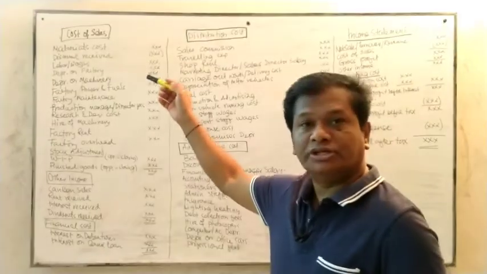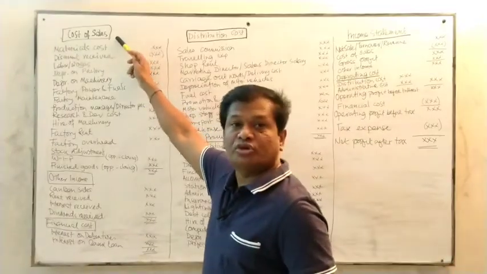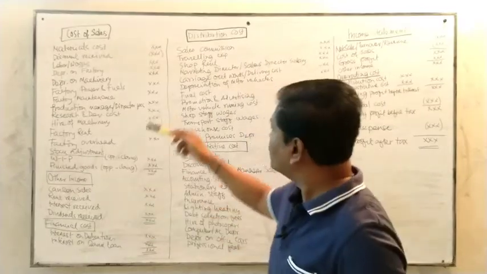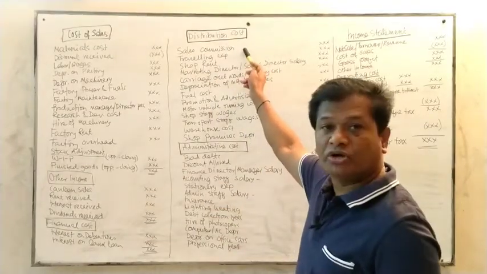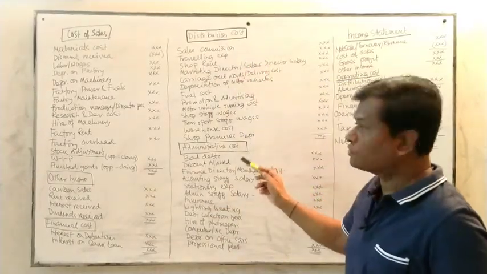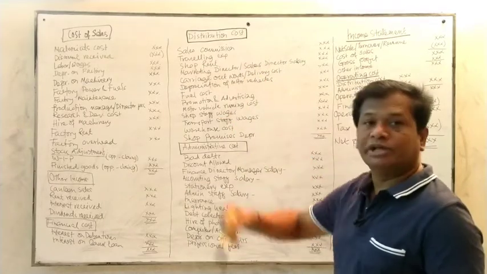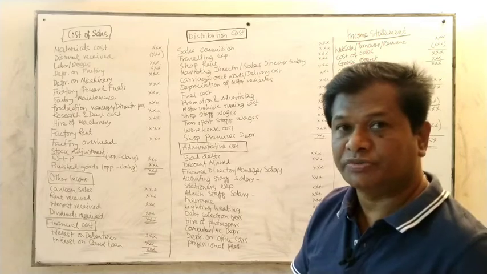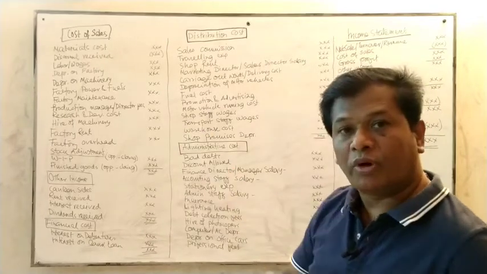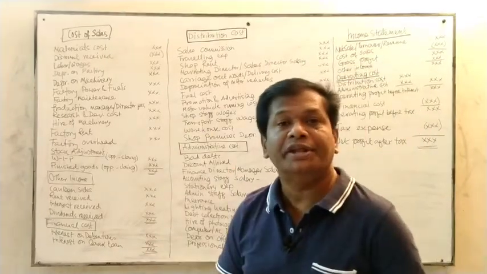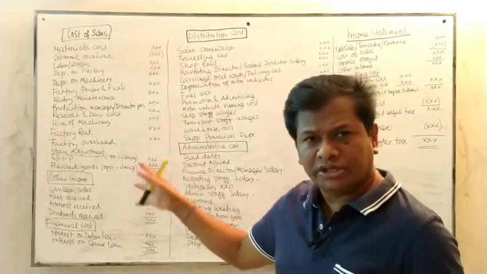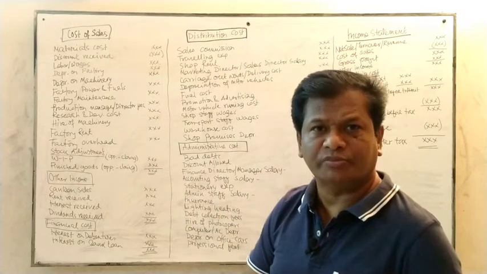Here is the cost of sales, other income, financial cost, distribution cost and administrative cost. These items you have to do before starting the income statement. This is very vital. The elements normally included in the cost of goods sold are all provided over here. More or less, you will find these items in your question paper.